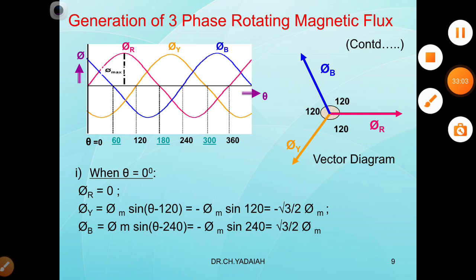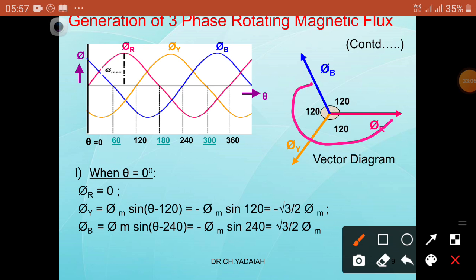With theta equal to 0, we have 0 minus 240, so minus sin 240. We can write 240 as 180 plus 60, so the minus cancels and we get sin 60, which is equal to root 3 by 2 phi m.